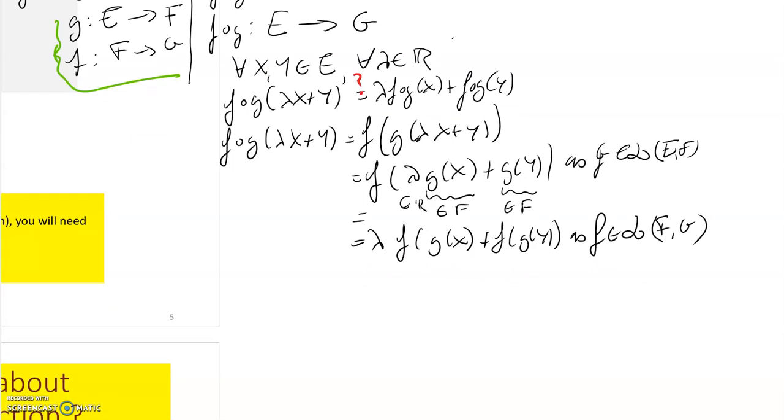This is what we wanted to get. This is really lambda times F composed with G of x plus F composed with G of y.